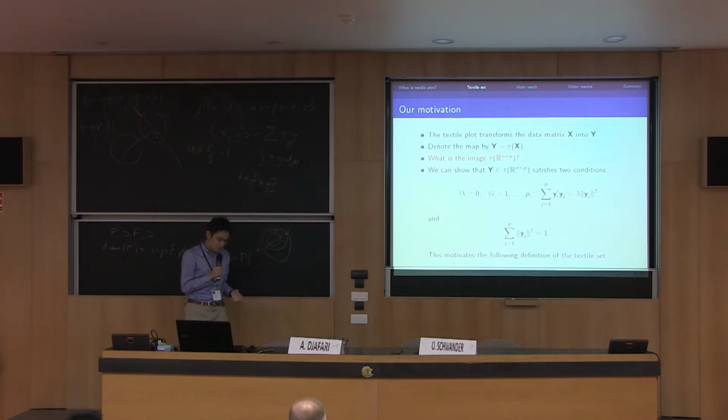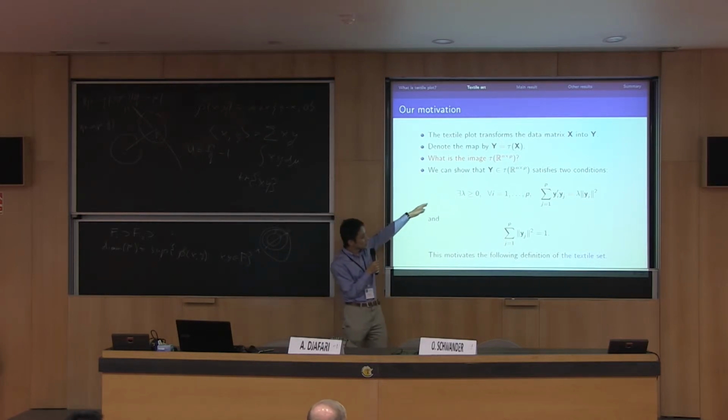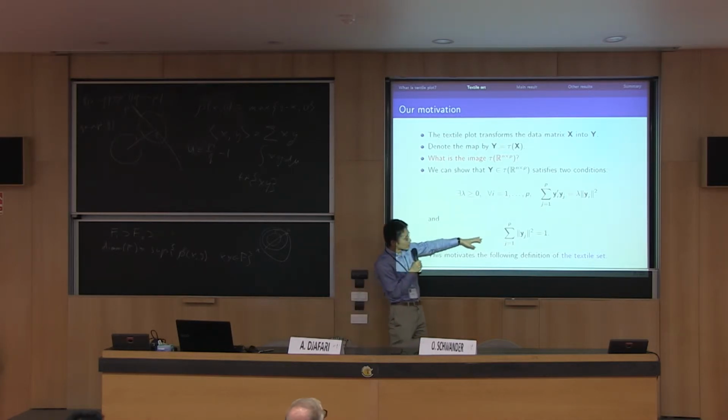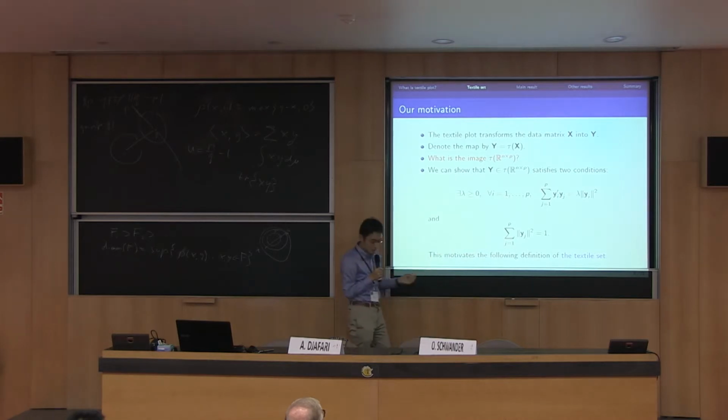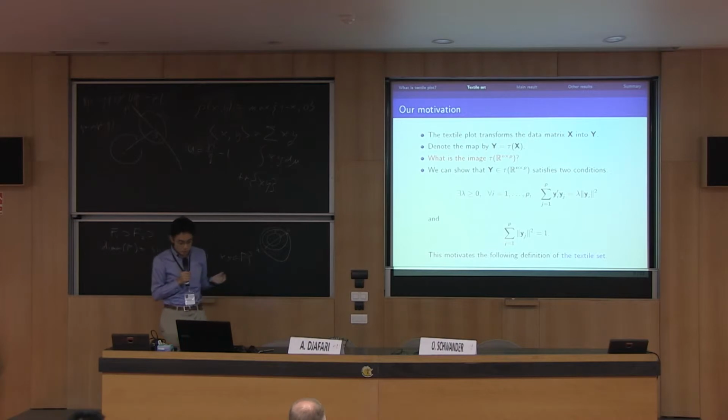By elementary calculation, we can show that the matrix Y satisfies the following two conditions, this one and this one. The first one corresponds to the eigenvalue problem, and the second one is just a normalizing condition. These two conditions motivate the following definition of the textile set.